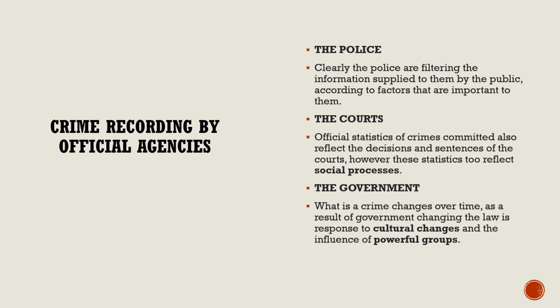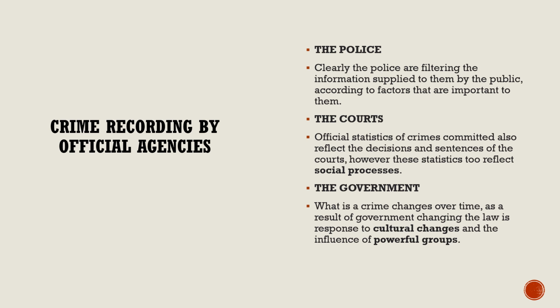The government ultimately decides what is a crime and maintains the law, processes the law in response to socioeconomic changes, cultural changes, the influence of powerful groups and things like that. So what happens is, as the government shifts and changes various legal aspects, things come in and out of legality.